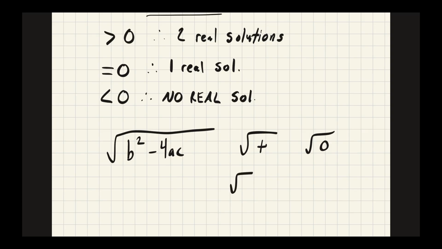And if it's negative, then you'll have the root of a negative, which you can't do. You can't take the square root of a negative number, so therefore there's no real solution.